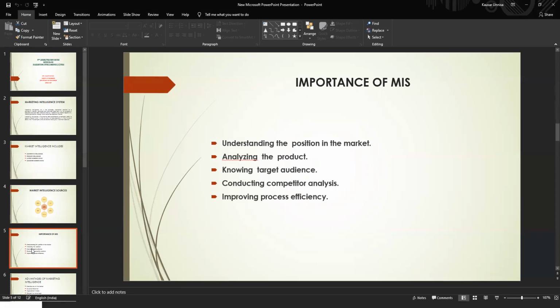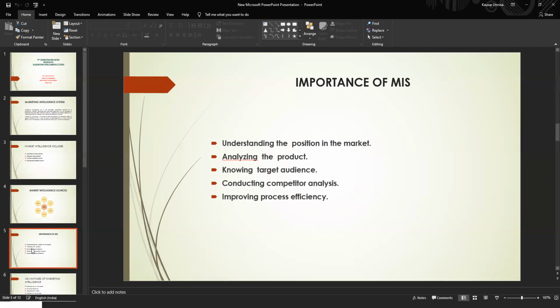So now let us move towards the importance of the marketing intelligence system. Why is MIS, that is, the marketing intelligence system, so important?